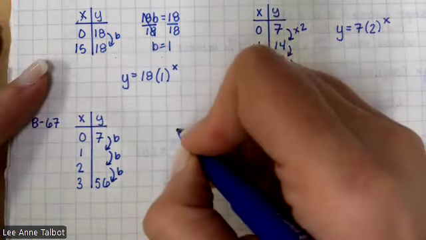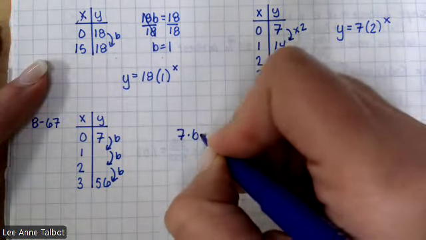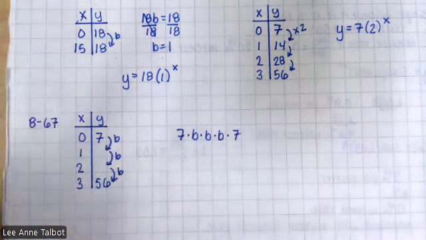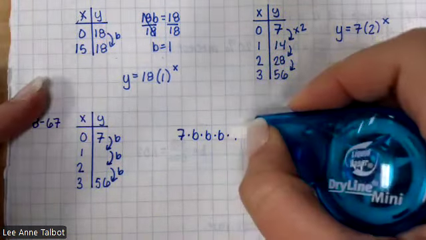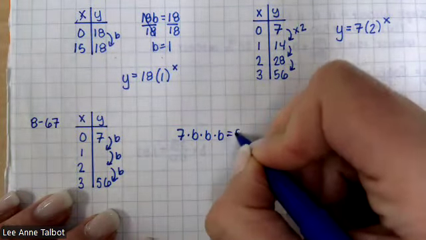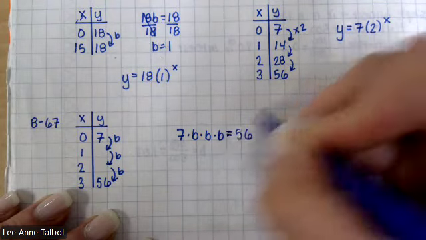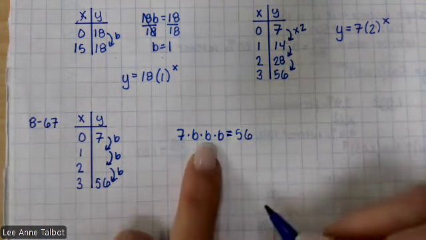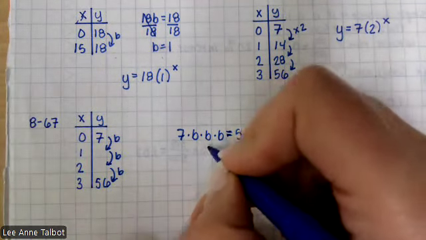Okay, we're going to say 7 times B times B times B is 56. Exactly. Okay, so my next step is to change the B times B times B to B cubed.